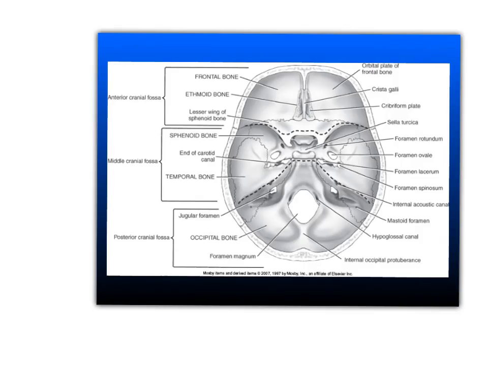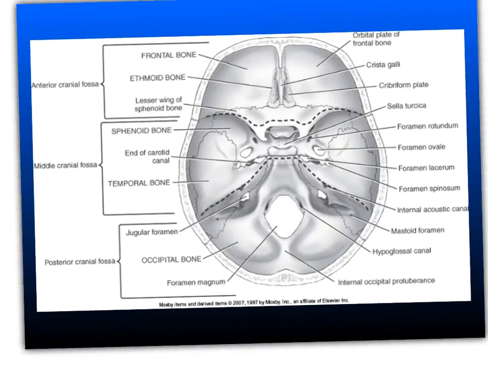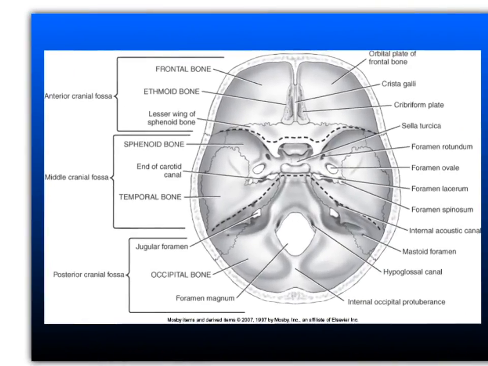I think this was an extra slide I had there. So let's look at the base of the skull. You'll see this as one of the first slices of the CT head that you'll do, and you'll see that the cranium is divided into 3 different fossas. What's a fossa? A depression, a cavity, if you want to call it.